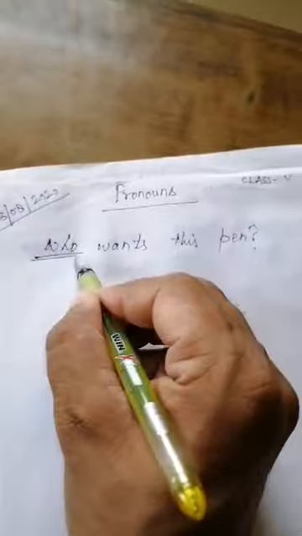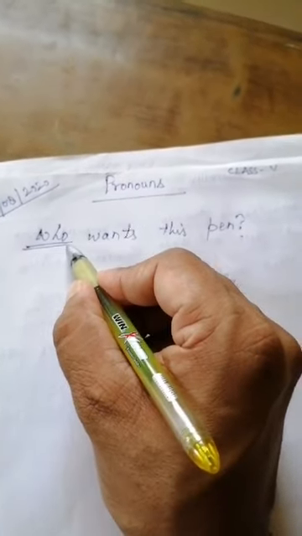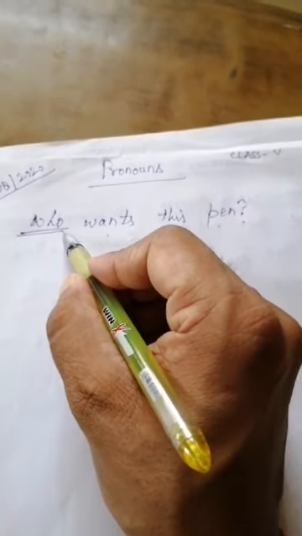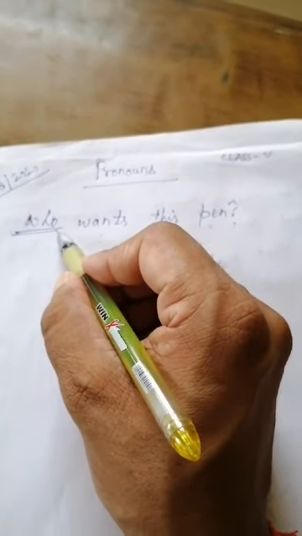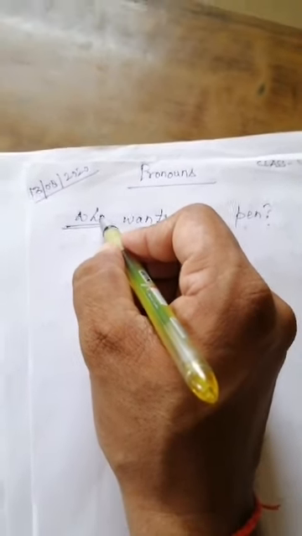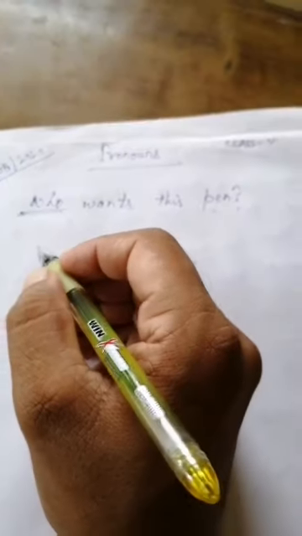So here in this sentence, try to understand, who wants this pen. Here who is asking a question, right? So who is your interrogative pronoun, and who is used in place of a noun also. So who is asking, who wants this pen.